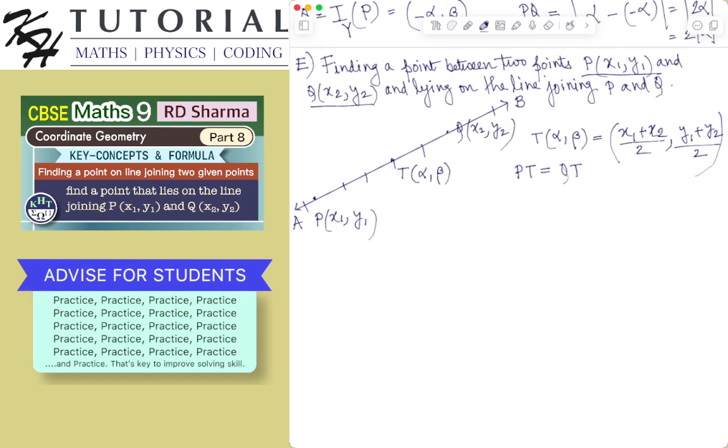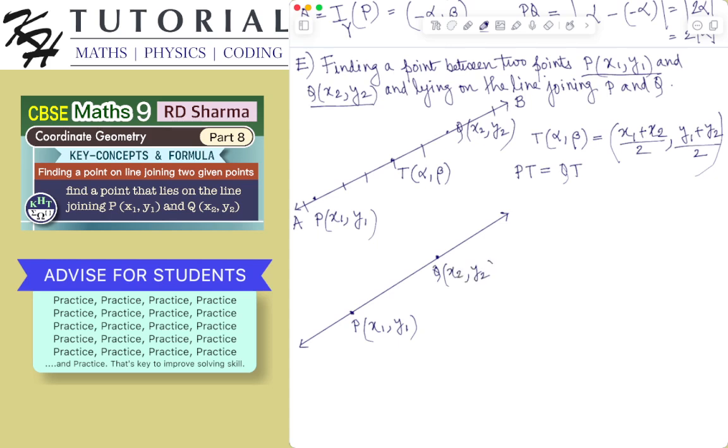Well, I do not have any direct formula, but one concept you can apply is also based on this midpoint formula. Let's say the given points are P, which is x1 comma y1, and Q, which is x2 comma y2.